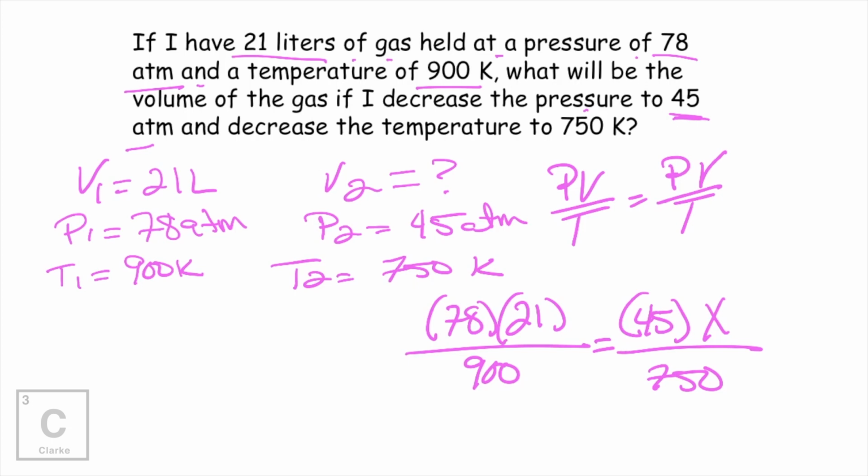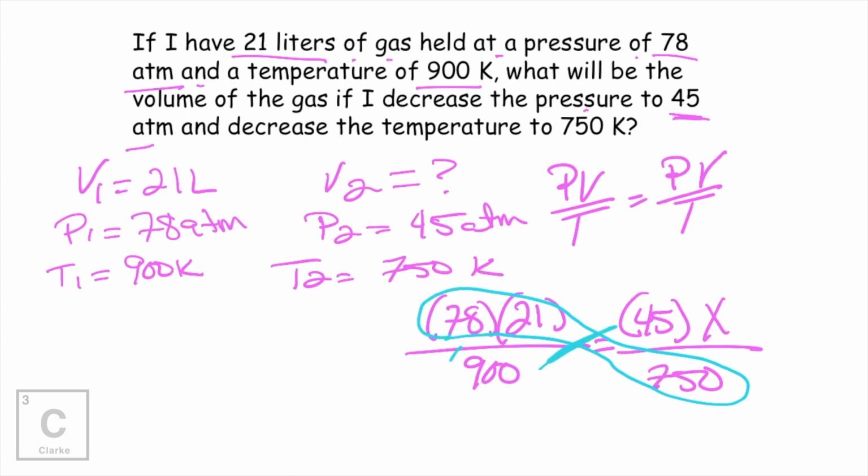Now there's definitely more than one way to put this in the calculator. If you've learned anything about me, I like to put everything in the calculator at one time. Like I said, there is more than one way. What I like to do is I like to still cross multiply and divide. I'm going to multiply the three numbers that come in a row. So here I've got 78, 21, 750. I'm going to multiply those together. So cross multiply and divide.